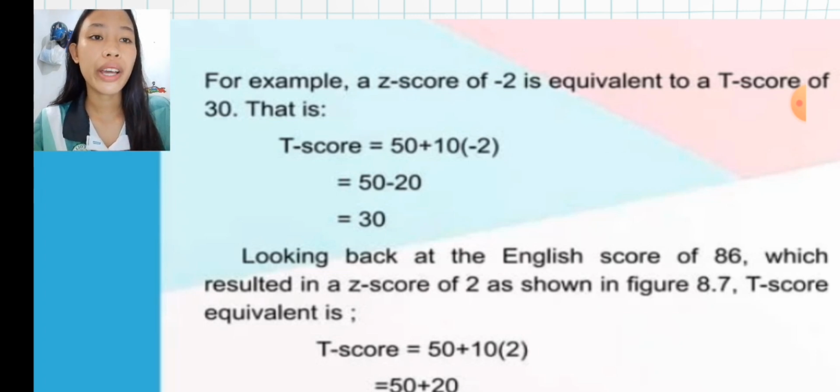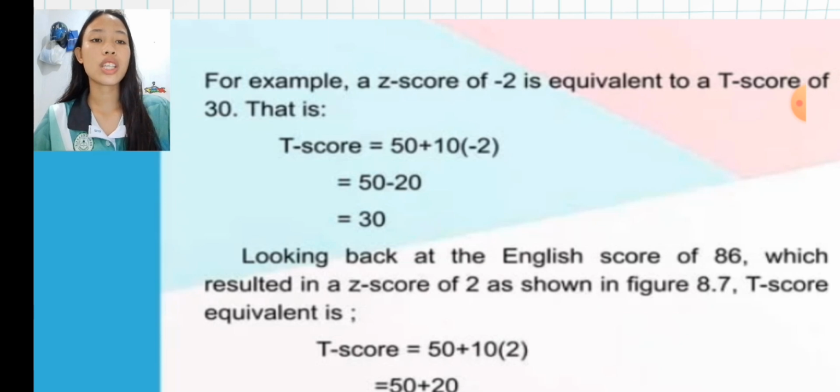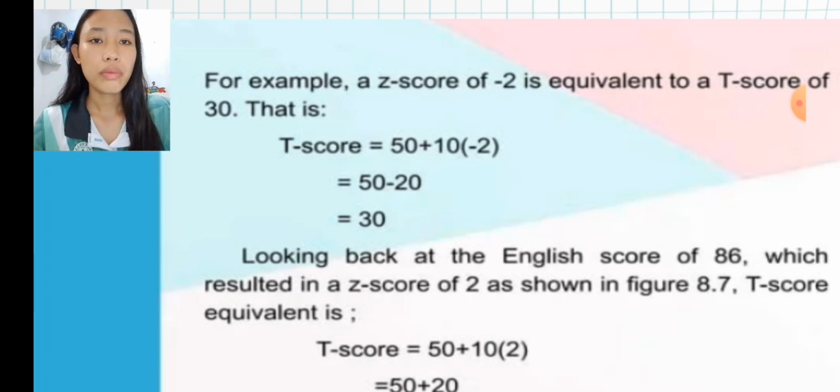A positive 10 multiplied by negative 2 equals negative 20.